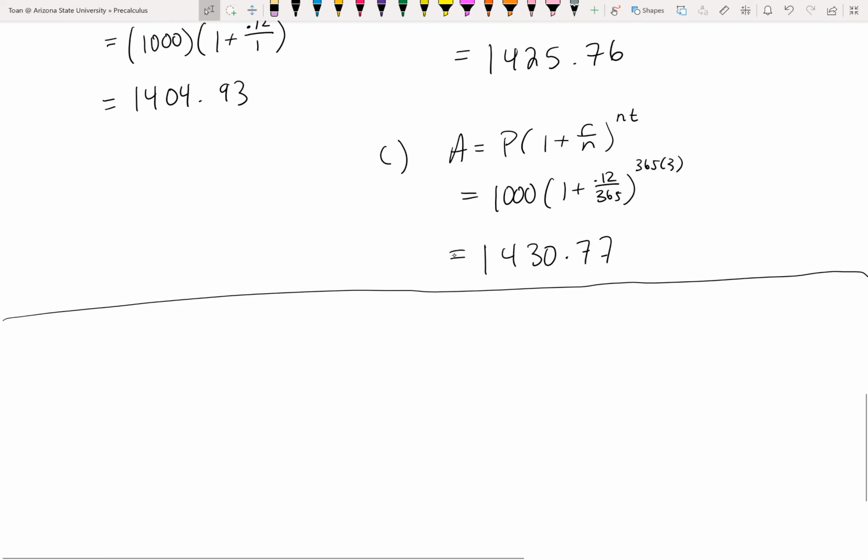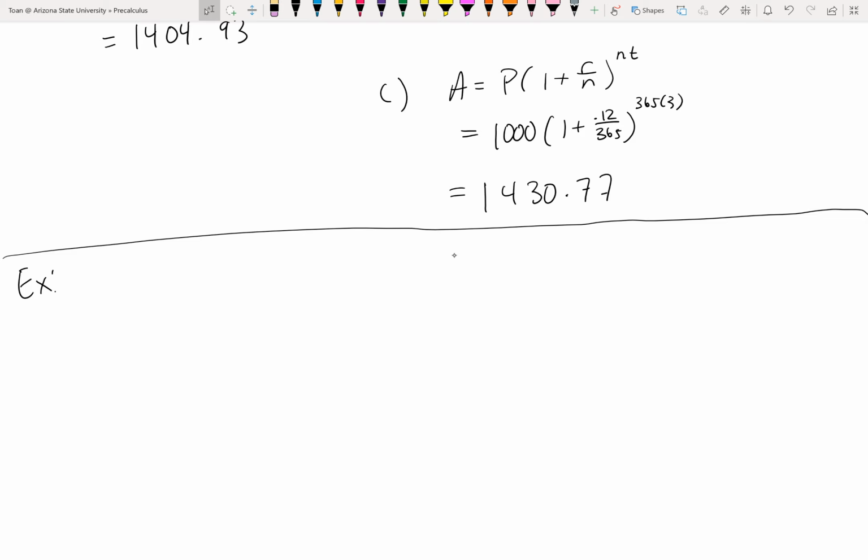So the annual percentage yield is trying to figure out what the added percentage is to the number one. Let's go ahead and just do an example. I think it'll be a lot more clear if we do an example here.